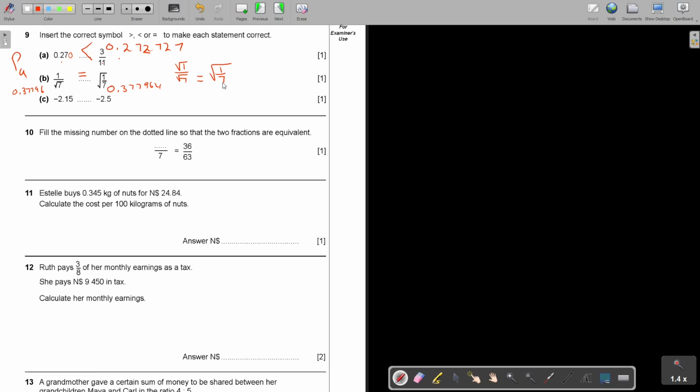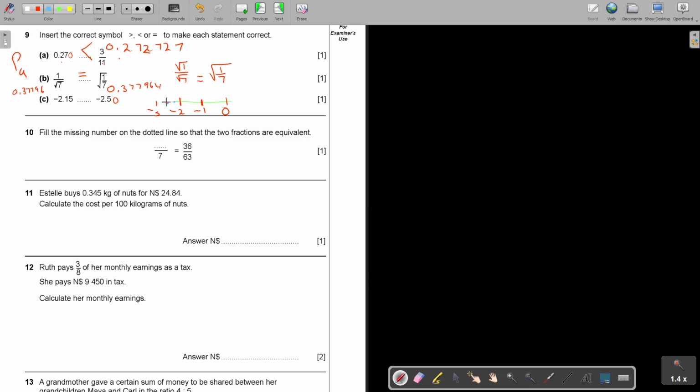And in the next one, always remember, think of a number line. If you think of the number line, say there is 0, there is -1, there is -2, and there is -3. So if you have -2.1, -2.1 is there. -2.5 is in the middle there.